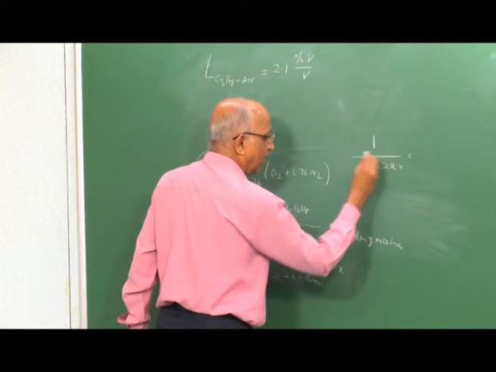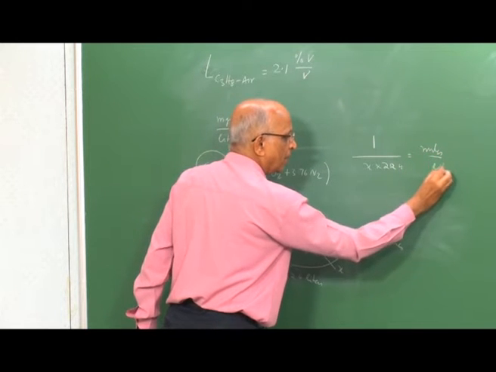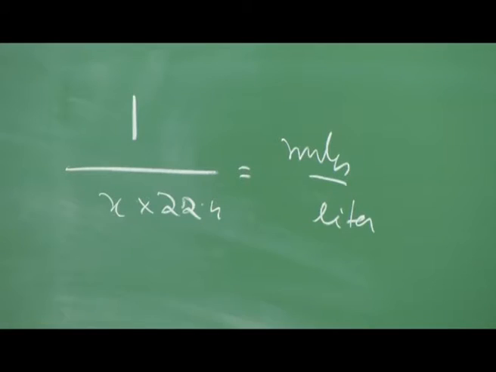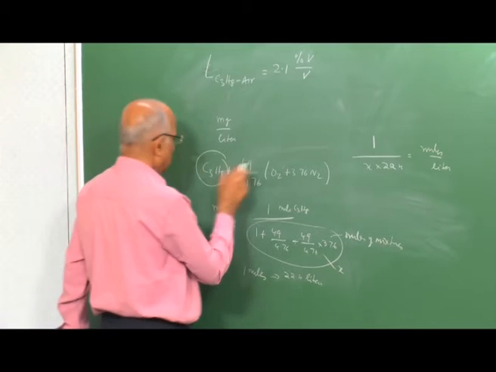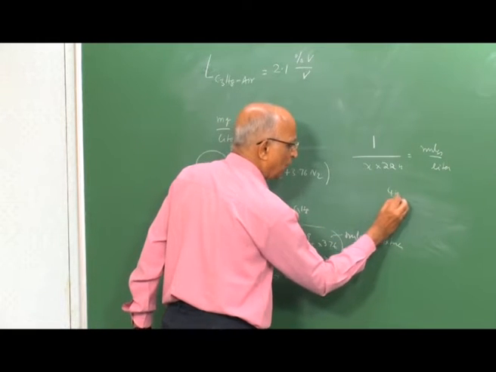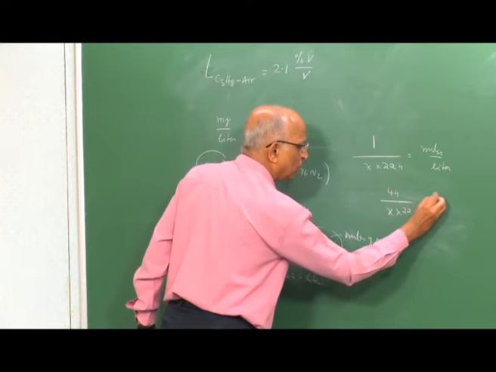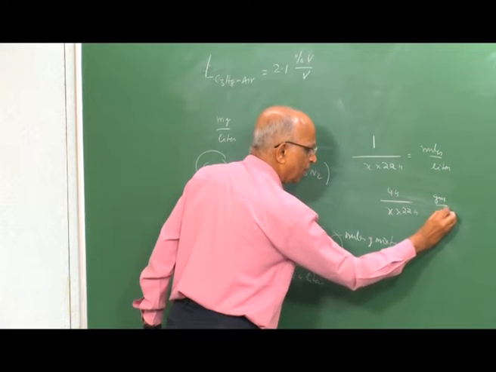This gives me the concentration in moles per liter. If I want the concentration in grams per liter, I know 1 mole of propane corresponds to 36 plus 8, 44 grams. Therefore, it is 44 divided by x into 22.4, so many grams per liter.